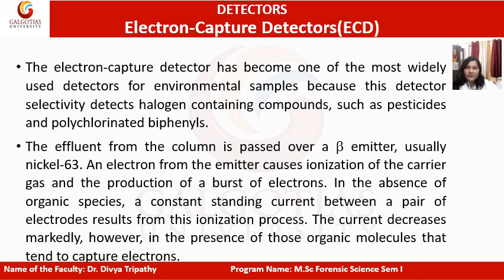In the absence of organic species, a constant standing current between the pair of electrodes results from the ionization process. The current decreases markedly, however, in the presence of the organic molecules that tend to capture electrons.